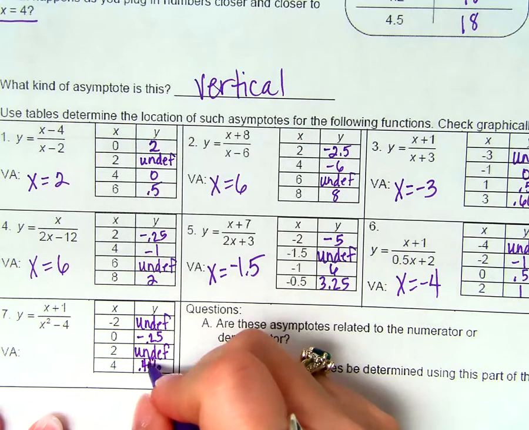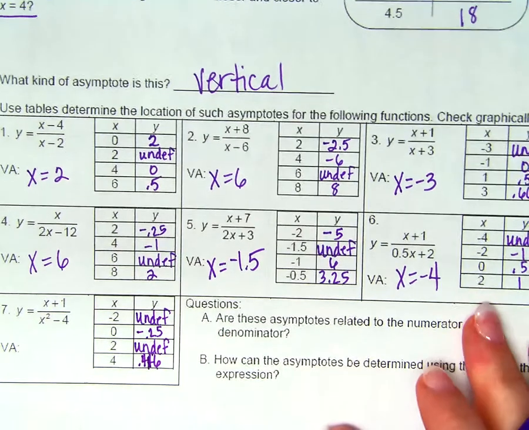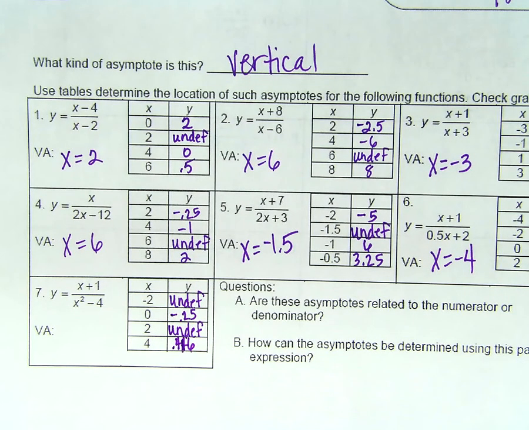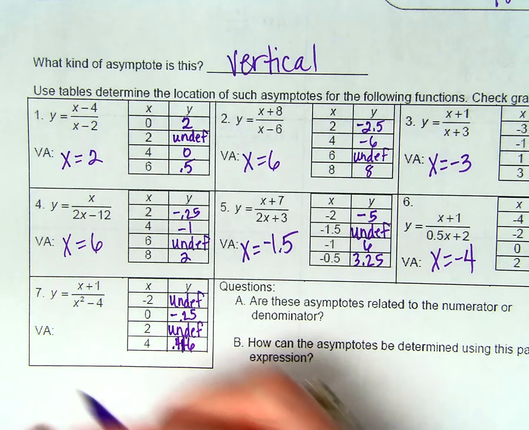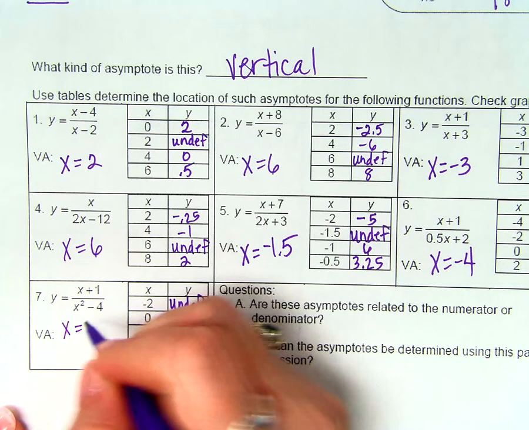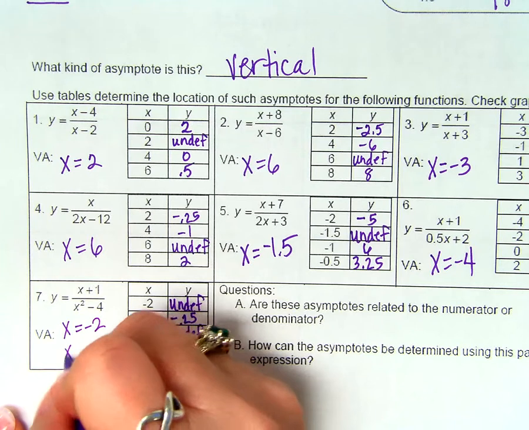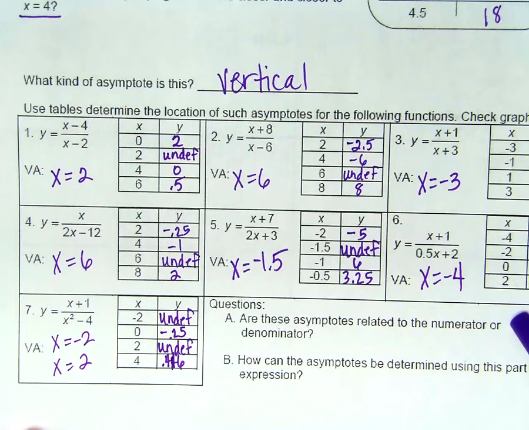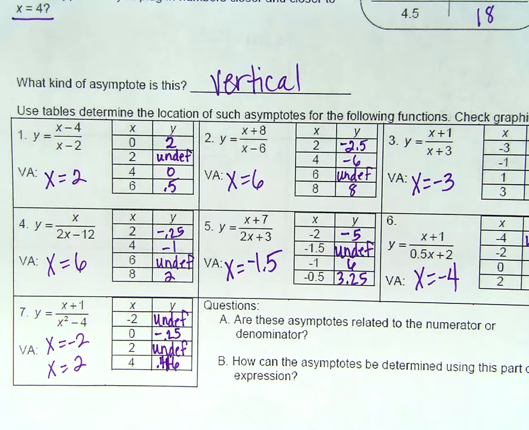Sorry, that's not very clear. 0.416 is what it's supposed to be. Where is your vertical asymptote or asymptotes? Wait, we can have more than one? Yeah. Are these asymptotes related to the numerator or the denominator or neither?